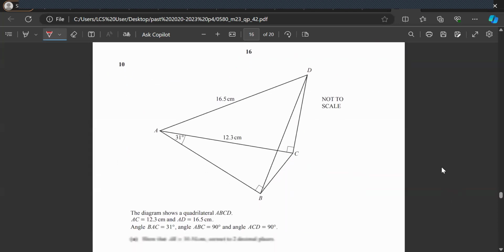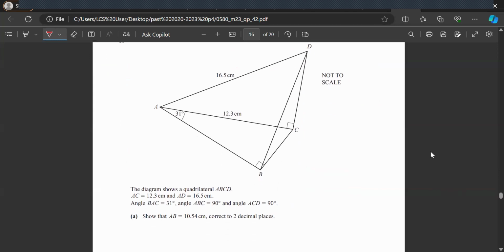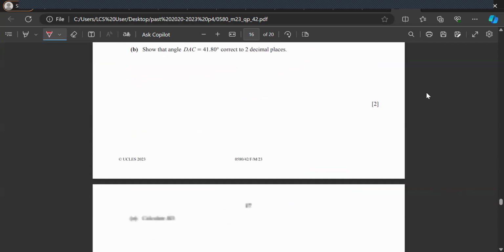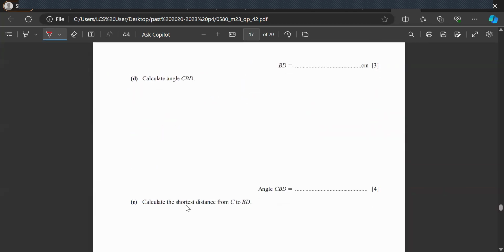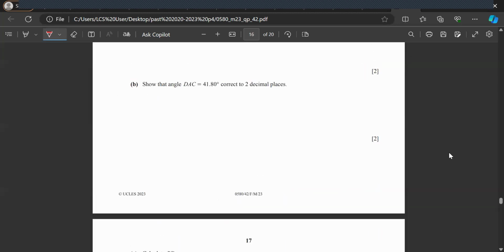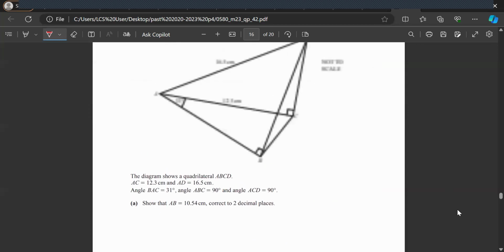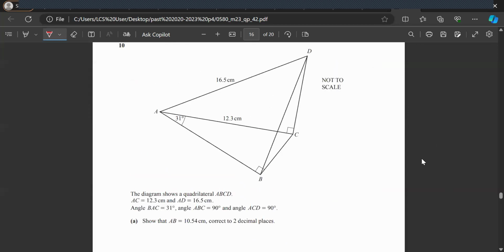Okay. This question is very easy. I will not go through it, but I will only say, when he says here, calculate the shortest distance from C to BD, how would I get it? From C to BD, the shortest distance is the perpendicular line. So I will draw a line like this, perpendicular.